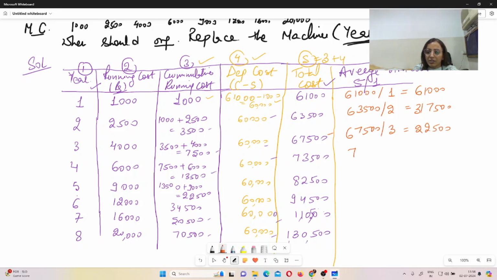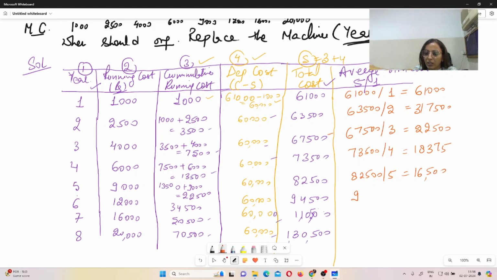In the next year, 73,500 divided by 4, because it is the fourth year, gives 18,375. Then 82,500 divided by 5, because it is the fifth year, is 16,500.